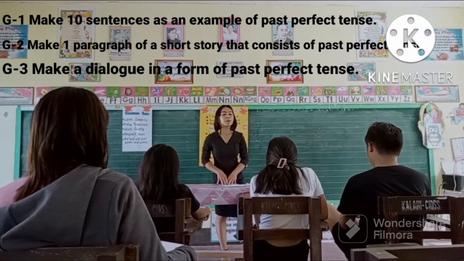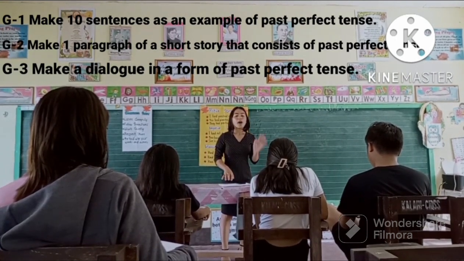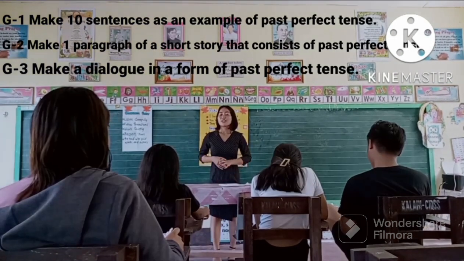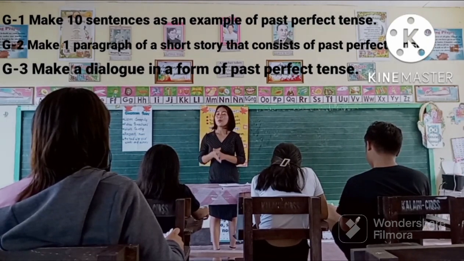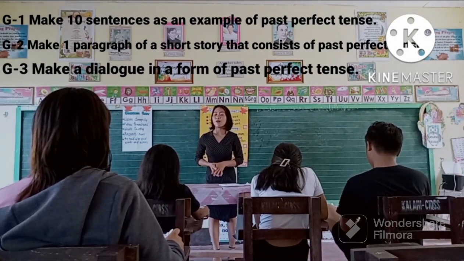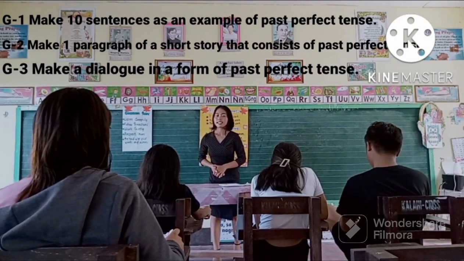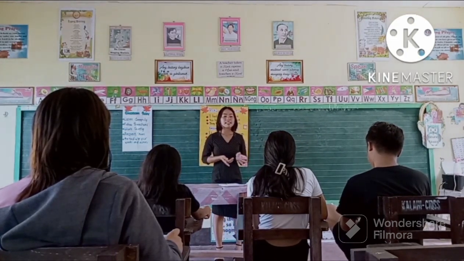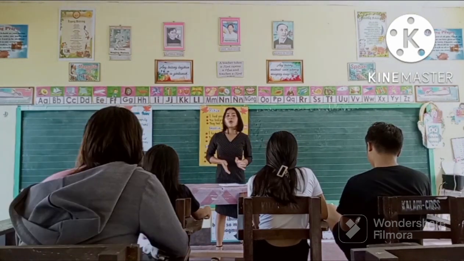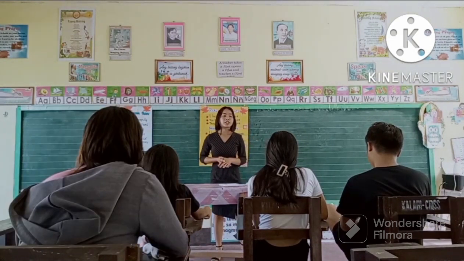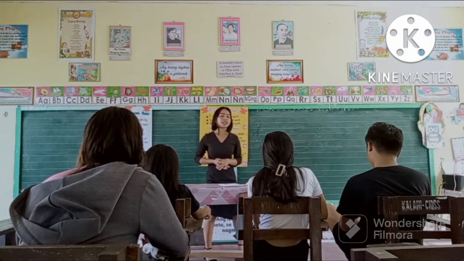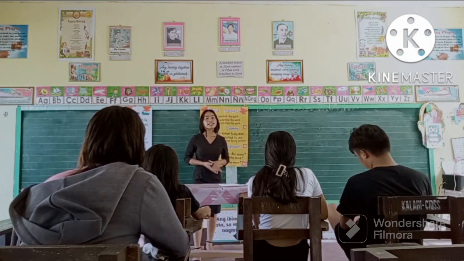In the second group, you're going to make 1 paragraph that consists of past perfect tense. In the third group, you're going to make a dialogue in the form of past perfect tense. Is that clear? Yes, ma'am. I will give you 5 minutes to finish your work. After you finish, choose one of your members to present your work in front of the class. Okay, you may start now.